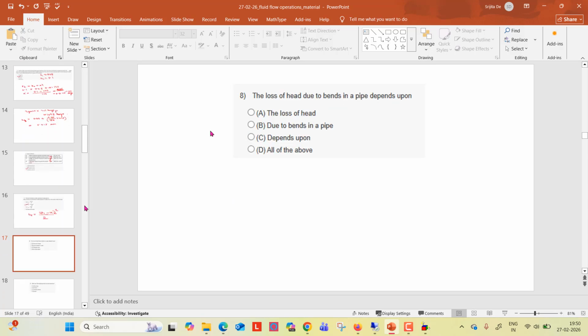Next. The loss of head due to bends in pipe depends upon the loss of head due to. So the option is all of the above.